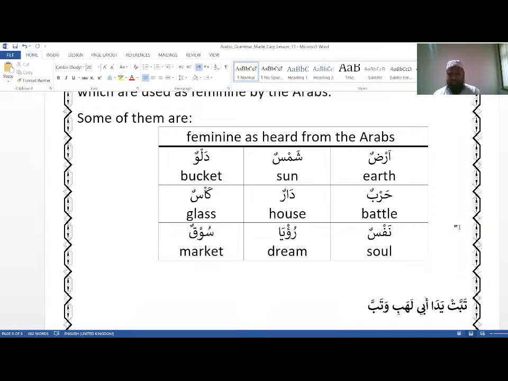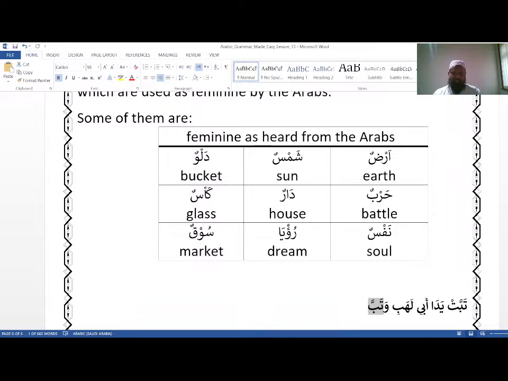Okay, can anyone tell me, if you take the ta sakin away, the fi'l is tabba. The fi'l is tabba, which means to perish, to be finished, to be destroyed. Tell me, what type of fi'l is this? We've learned the normal fi'l.